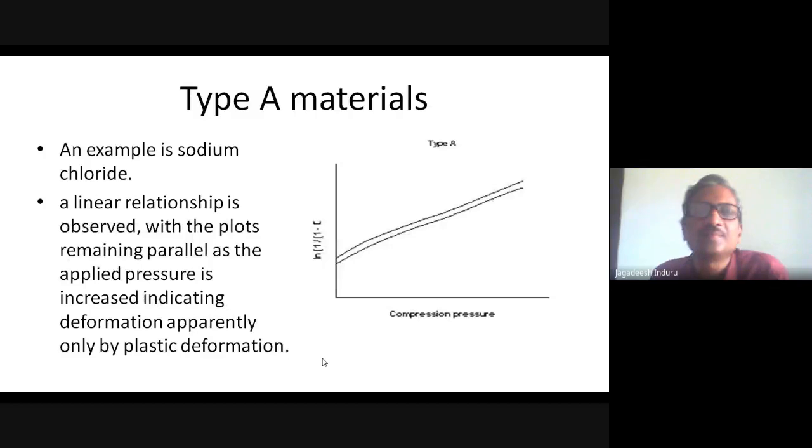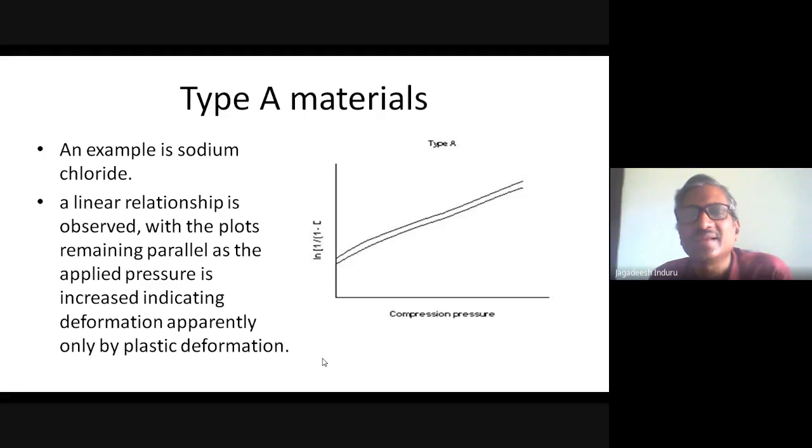First we see type A material. Heckel type A material, if you see this diagram, compressional force P is on the x-axis, natural log of 1 by 1 minus rho r on the y-axis, and you are getting a straight line. This line is not showing any yield point. A little bit of curvature is present initially in the slip region, and after that it is just like a parallel linear line.